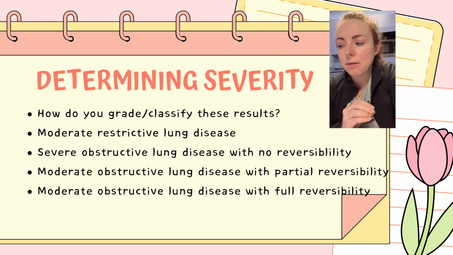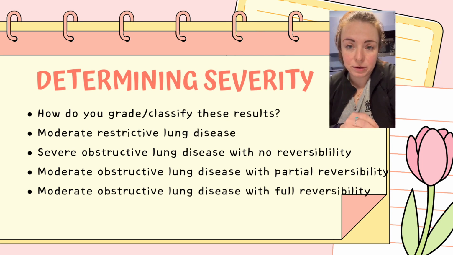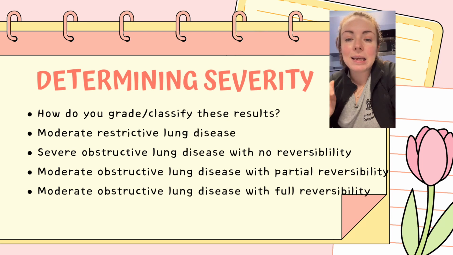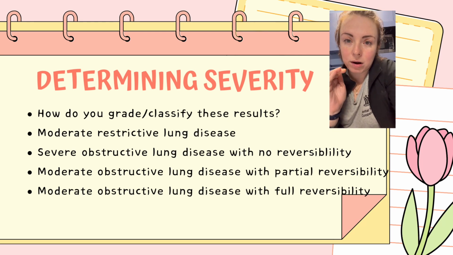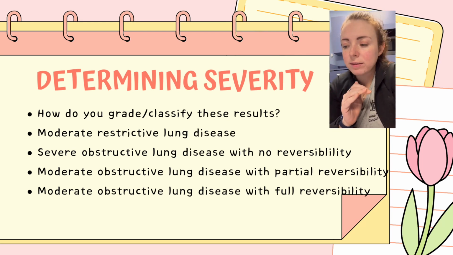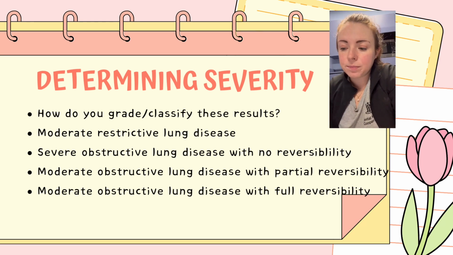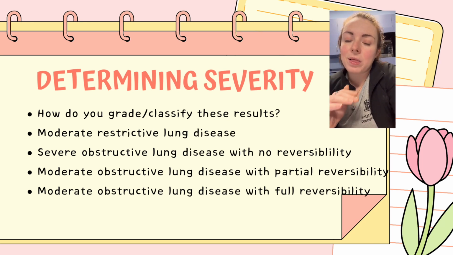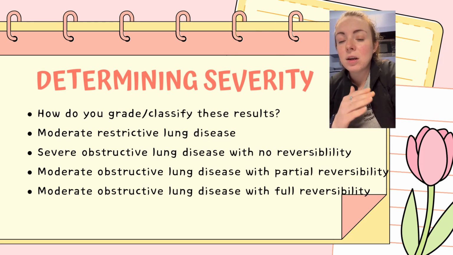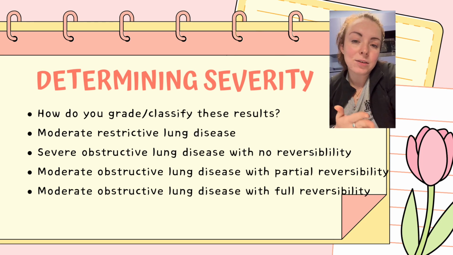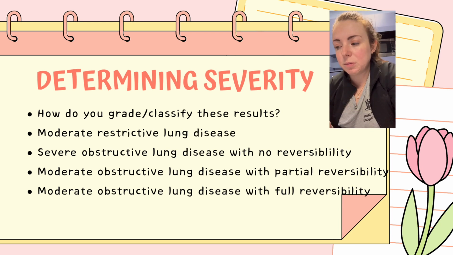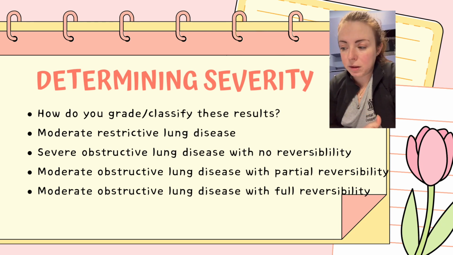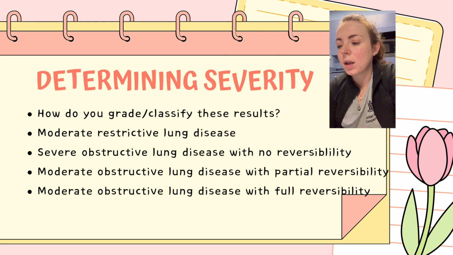Our pre-FEV1 is 64%. And the key part of this answer choice is no reversibility. We know that an increase of 12% and 200 milliliters shows reversibility, and in this situation, we have an increase of 14% and 284 milliliters. So we definitely have reversibility. That one is canceled out.